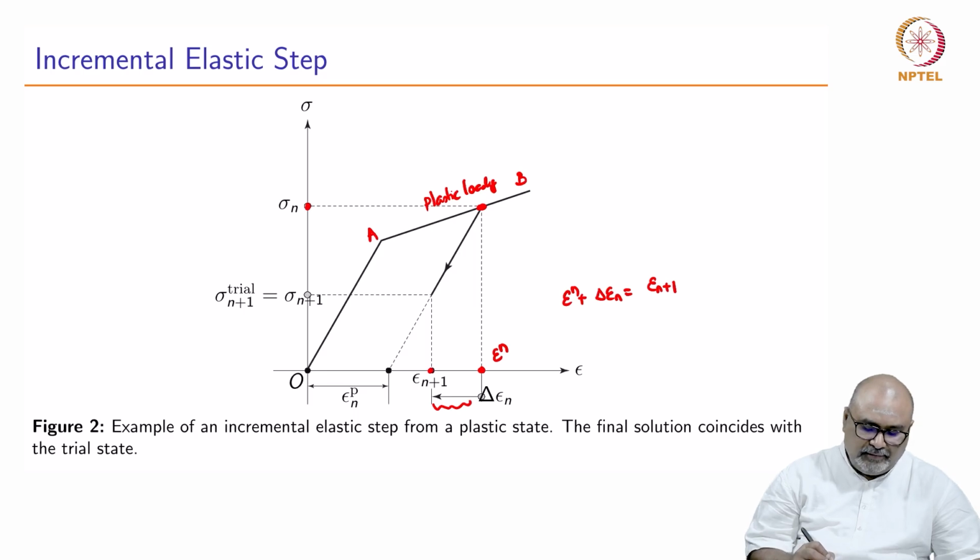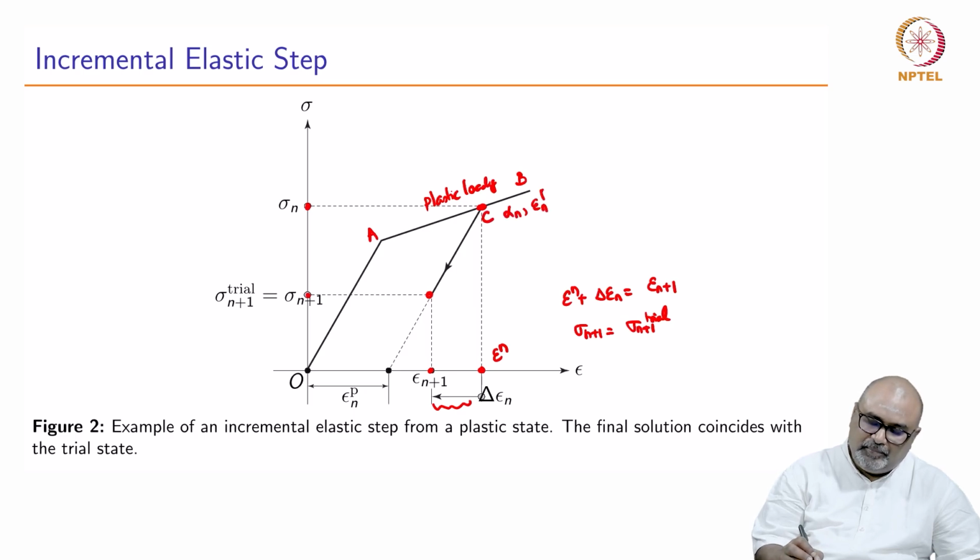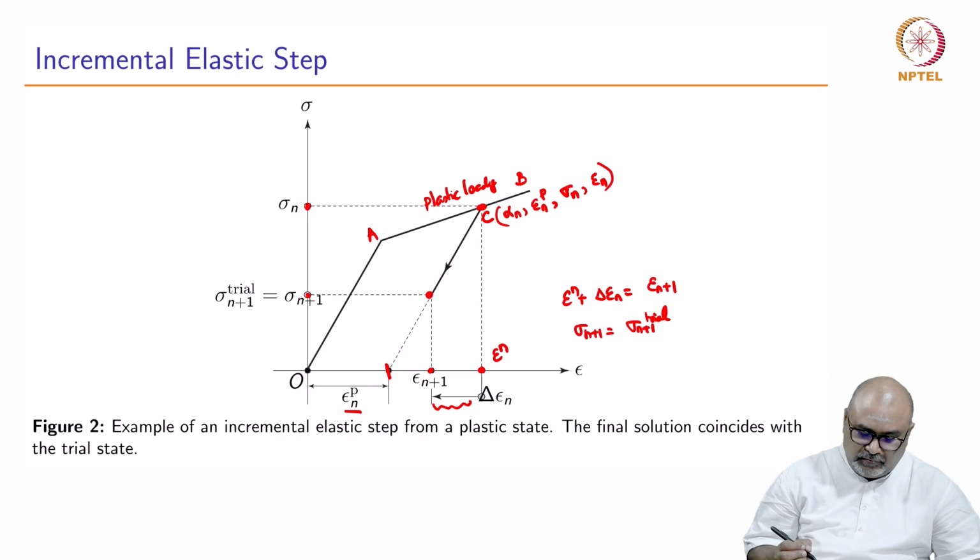So, if this epsilon n plus 1 results in sigma n plus 1, then sigma n plus 1 is equal to sigma n plus 1 trial if it is an elastic process. At point C the values are alpha n, epsilon n p, and sigma n and epsilon n are the values at C. The same values are going to continue, so epsilon n p is going to remain the same, and it is an incremental elastic step.